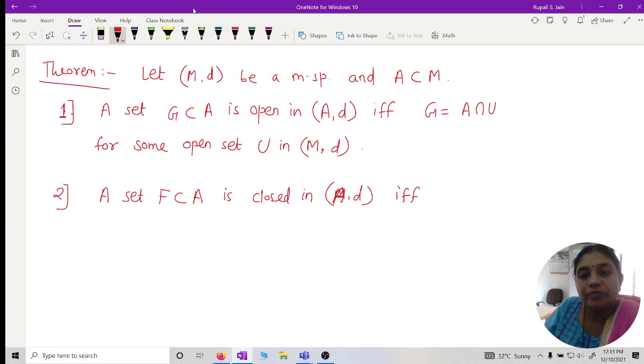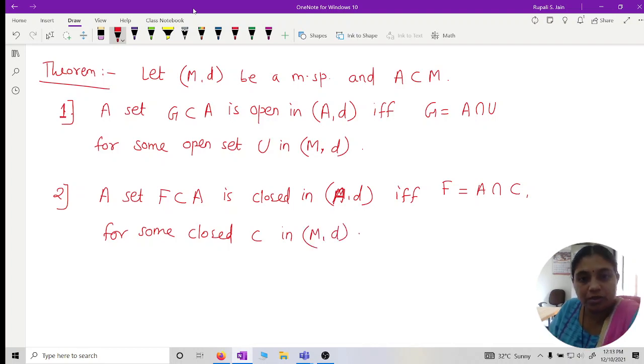F can be written as A intersection C, where C is some closed set in M, for some closed set C in (M, D). Okay. So first we will prove the first if and only if statement.